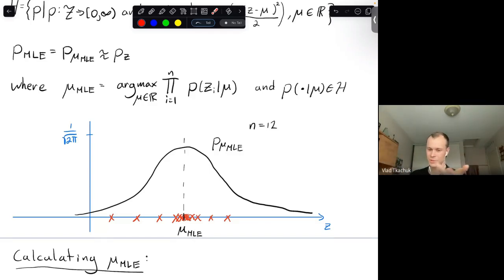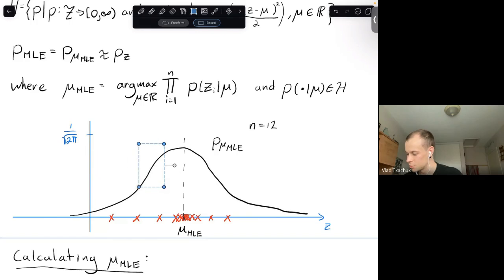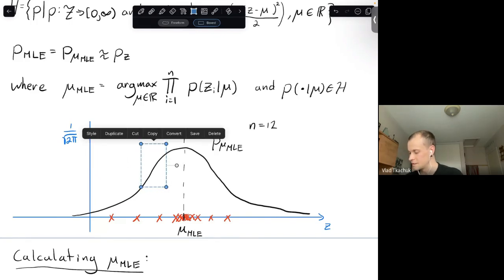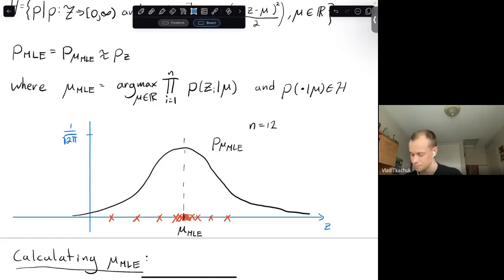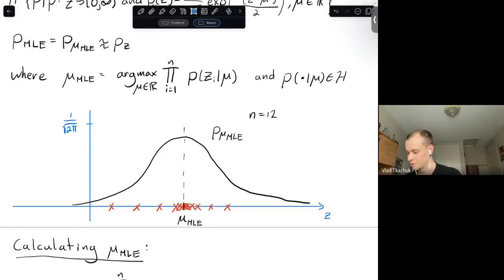And some distributions will have that as larger and some smaller, and you want to pick the one that makes it the largest. So once again, you could think about taking this normal distribution, sweeping over all possible parameters mu, and picking the one that makes the data most likely. And what you will find is that it will look something like this. Okay, should make sense. It's really centered. Most of the density is centered around where most of the points are.